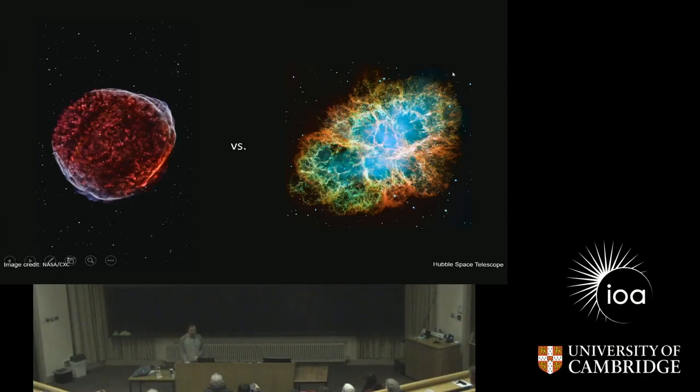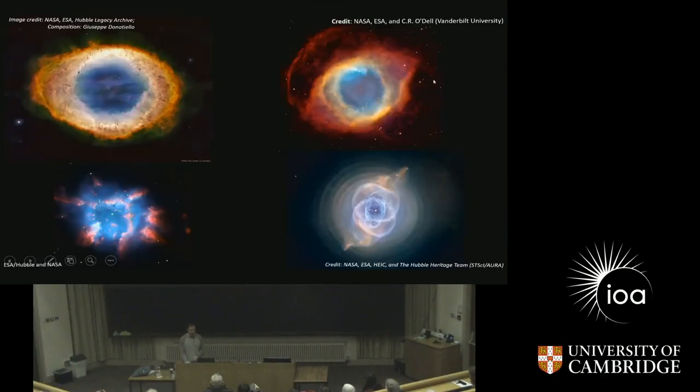So even though they blow off their gas quite slowly compared to a supernova, they still make these nice images. These are called planetary nebulae, which are clouds of gas, which are the outer parts of a regular star or a red giant, which are thrown off into space. And in the middle there is a white dwarf. So this is the phase between a star being a red giant and becoming a white dwarf.